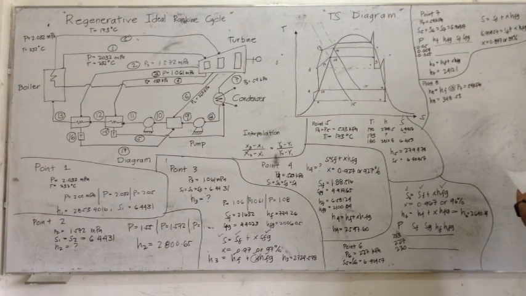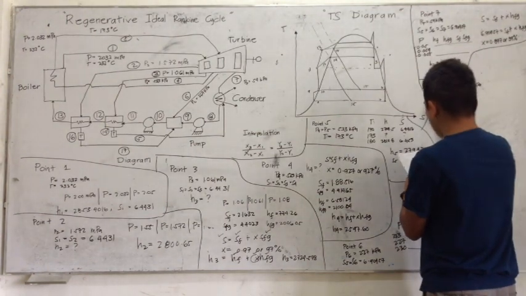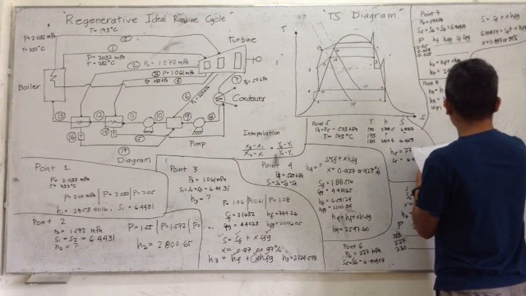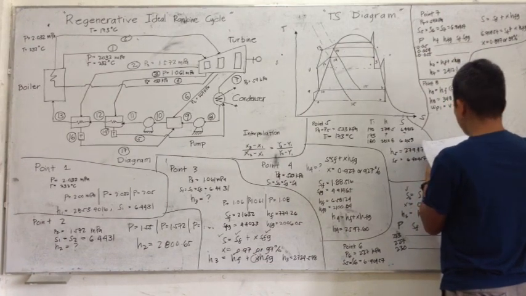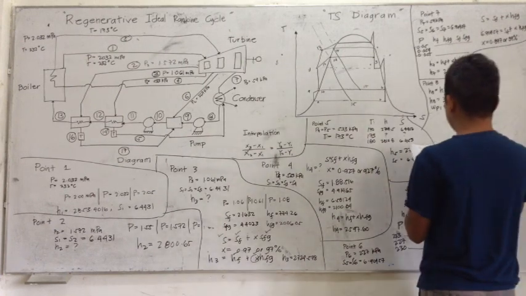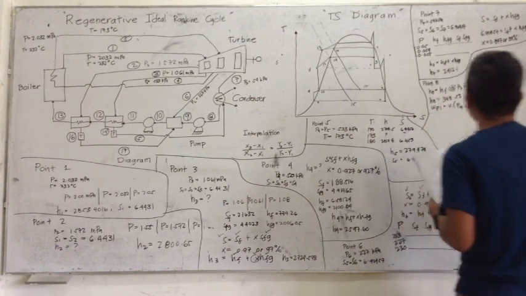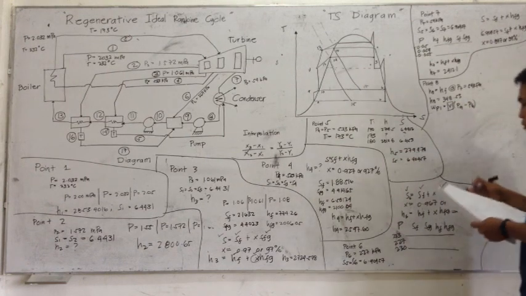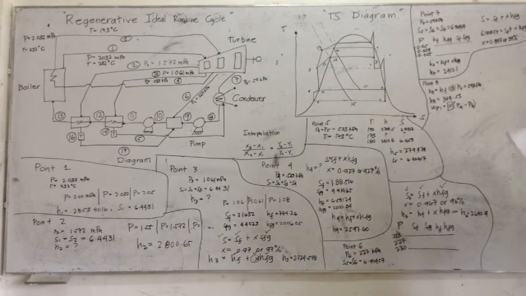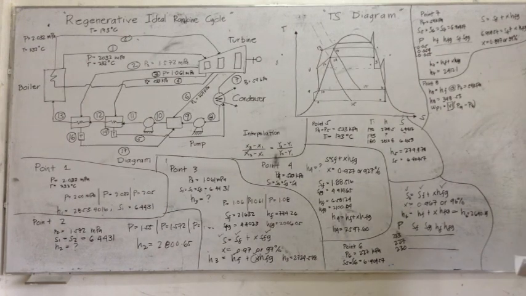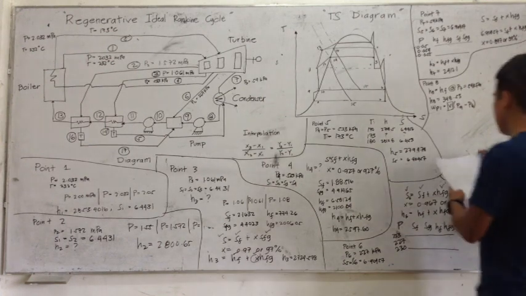Here, work of pump 1 is equal to V times P9 minus P8. In this part, V is the missing value. By also using our method of interpolation, we can easily get V.